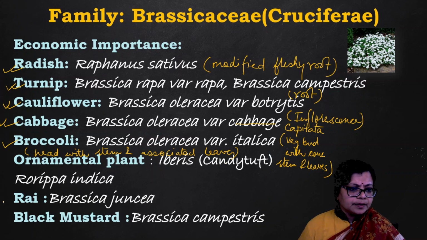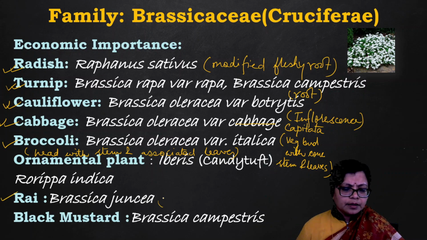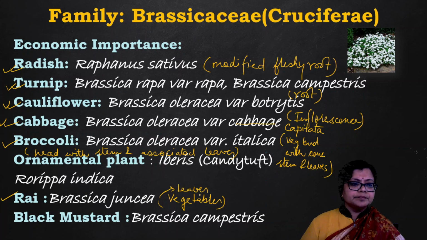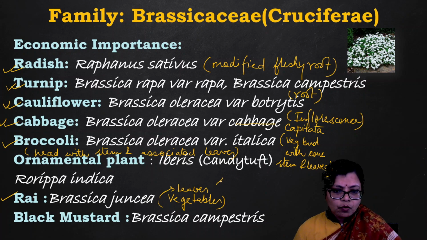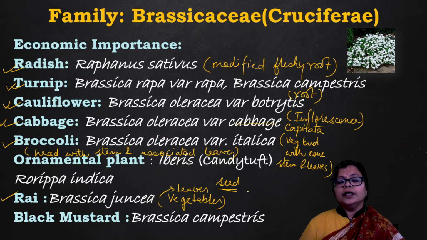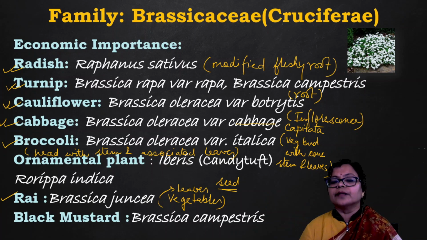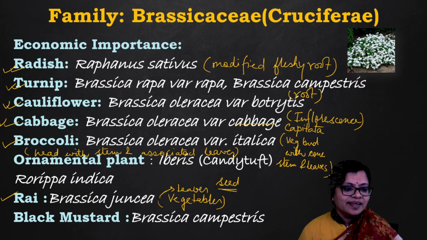Now rye, Brassica juncea, the leaves are used as vegetables. And from the seed, oil is also obtained, which is used in cooking for adding flavor. And could you remember the raita, the name has been given as we use rye as condiment for making raita. Isn't it very tasty?